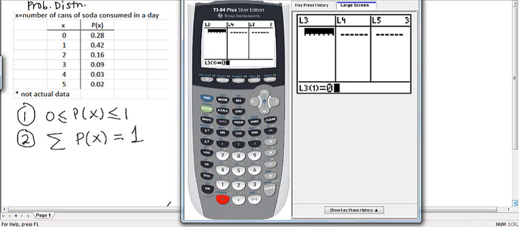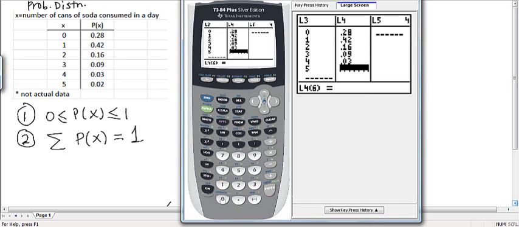You want to enter the data just as you see it. You want to put the X values in one column and the probabilities in the other. So now I have my data in these lists.